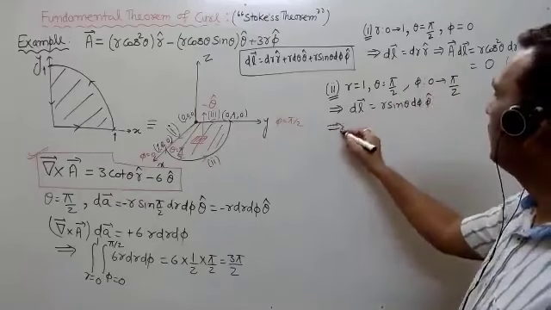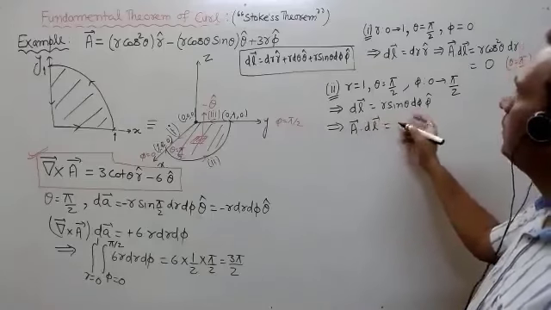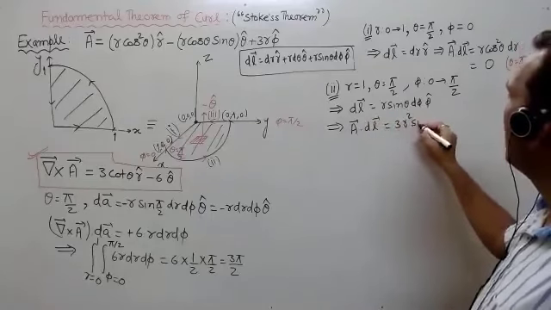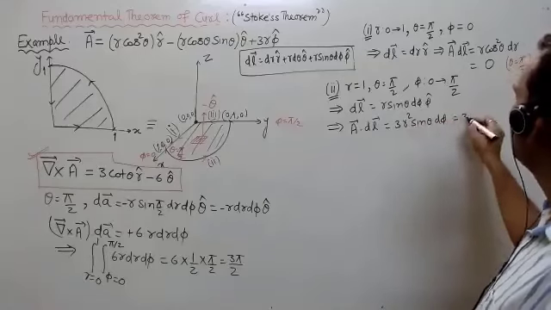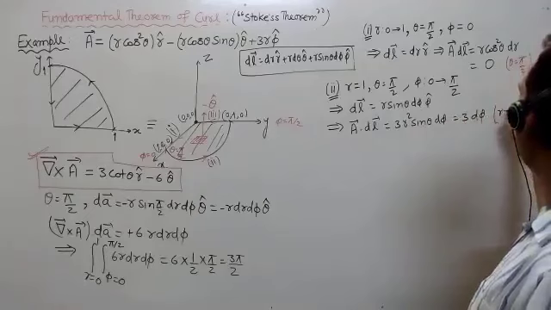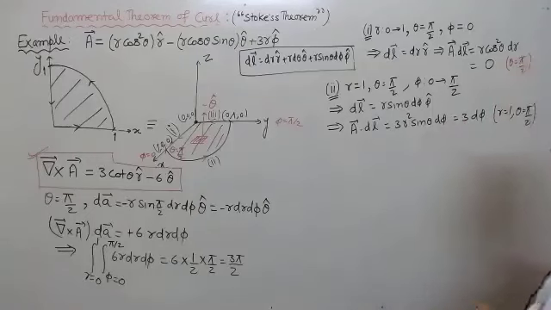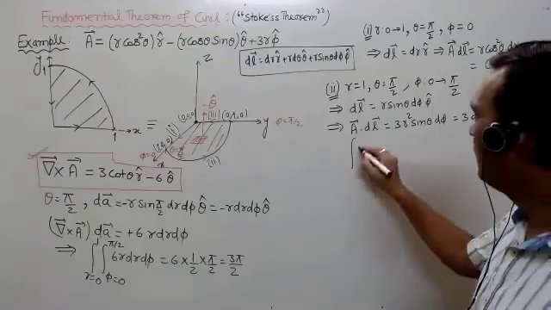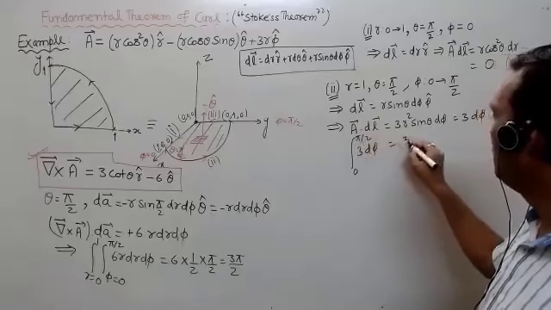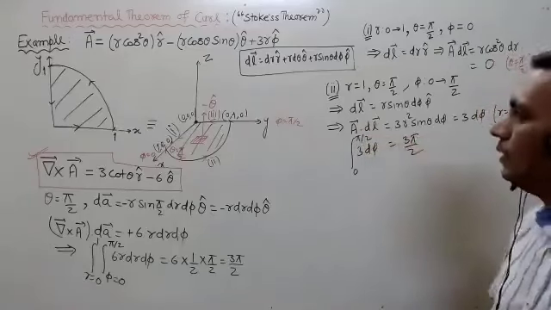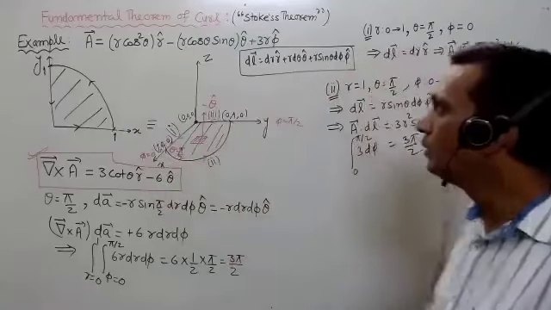A dot dl will be 3r square sine theta d phi. So put theta pi by 2 and r 1. So this is 3 d phi. Is it clear? 3 d phi. So the integral of 3 d phi from 0 to pi by 2 is 3 pi by 2. So along segment 2, the integral will be 3 pi by 2.